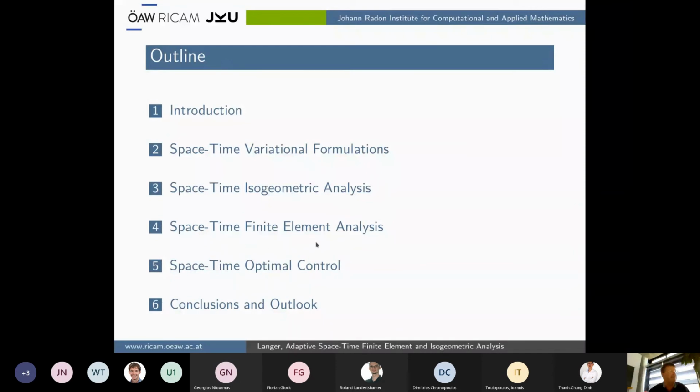Then I go back to the finite element method in connection with space-time discretization, and finally I come to optimal control, to optimization methods, but I will have an intermezzo after the isogeometric analysis, where I go to the shape optimization problems you are interested in.